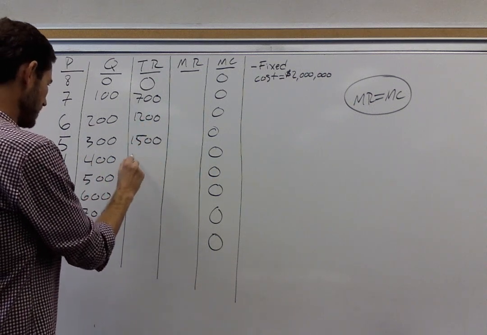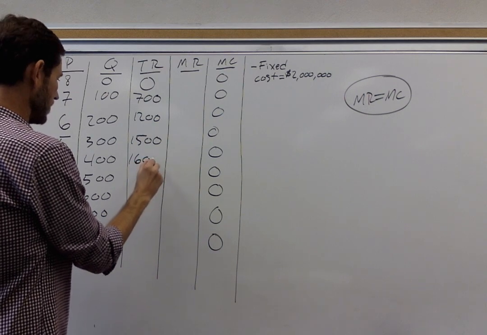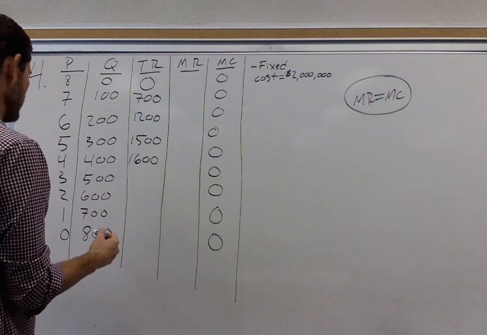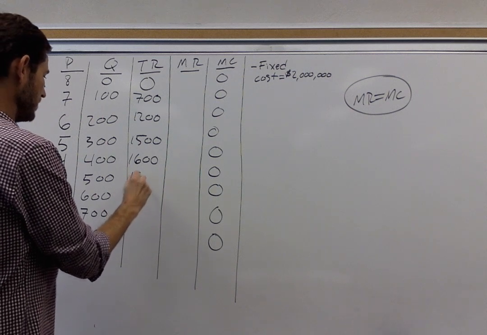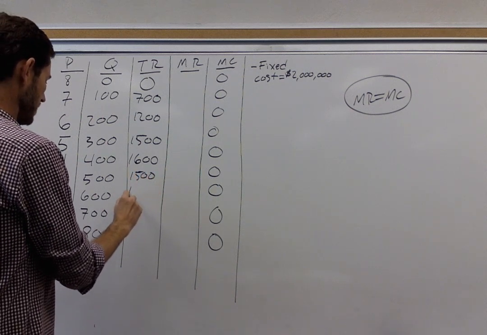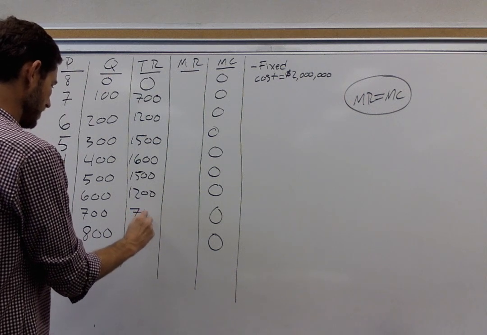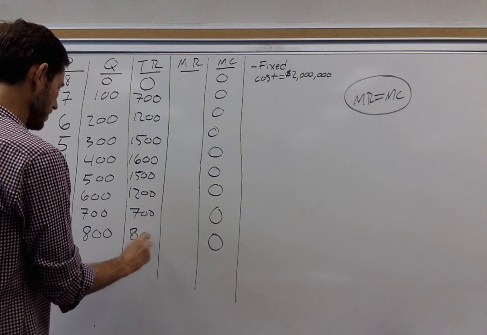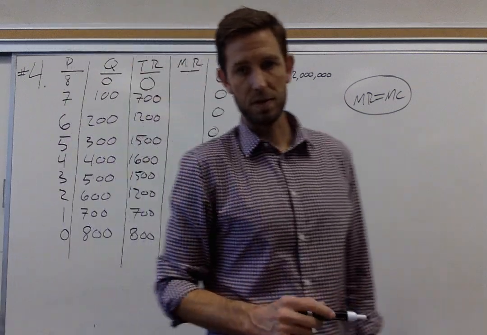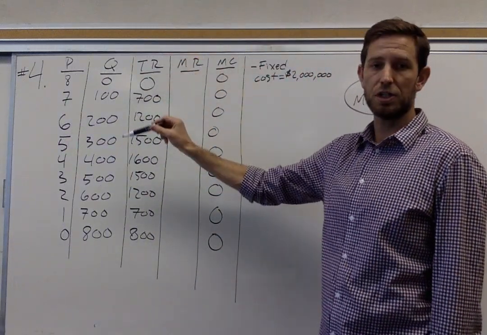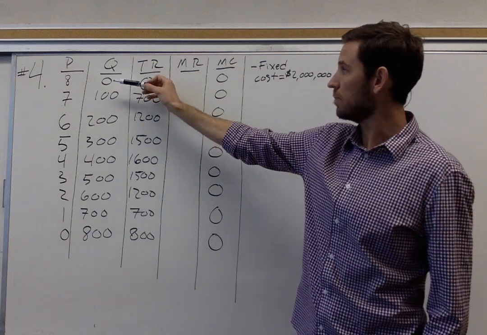It's going to peak right here at a price of 4, quantity of 400. That gives us $1,600 of revenue, and then $1,500, and $1,200 again. It starts to fall once again. 700. Okay, so there you go. The first step is to figure out the total revenue for each possible price that they might charge.